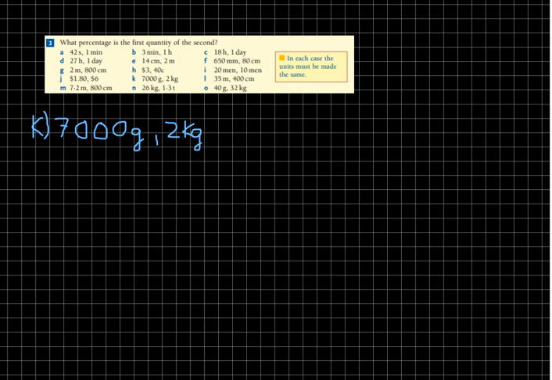Once again we have a very complicated situation because we have grams and kilograms. Nevertheless, we can change those kilograms into grams, which is what I'm going to do. 2 kilograms is equal to 2000 grams.